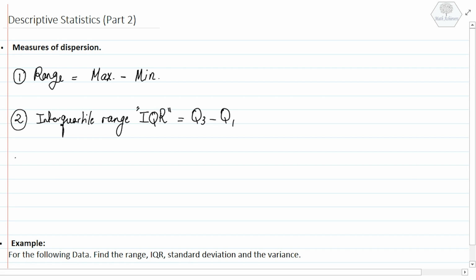The third value we have to know that represents a measure of dispersion is the standard deviation.